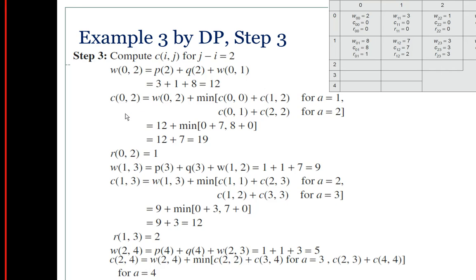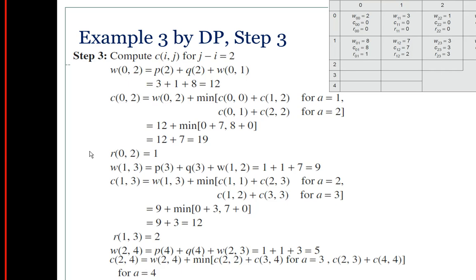So the final answer is the minimum of 7 and 8. Which one is minimum? This value is minimum. So if the value of a is 1, then we get the minimum cost, and that's why the R of 0 2 is 1. That we have to consider.